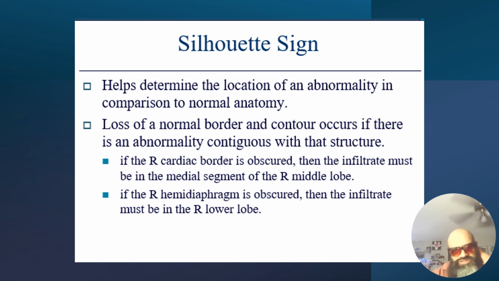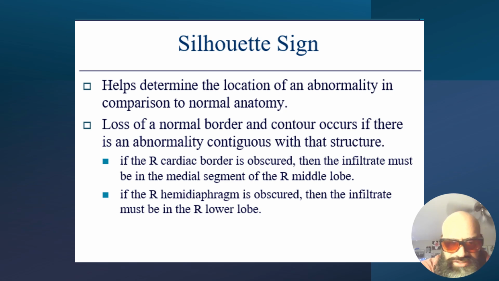Silhouette sign is kind of what I was just discussing earlier. So if you have a region on your chest x-ray that is of the same densities. For example, the heart. The heart is usually white on normal chest x-ray. Why is that? Because it is filled with blood. And the surrounding structures around the heart are black because they have air density.